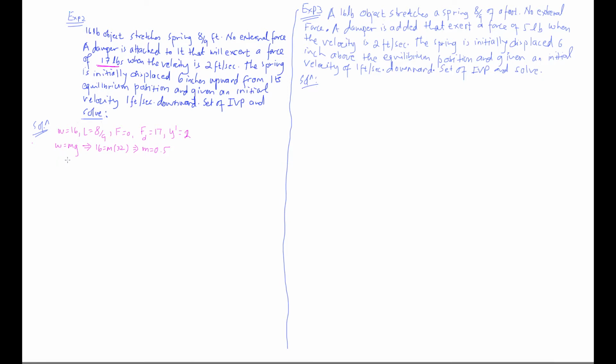Similarly, to find k, we basically do mg equals kL, right? This implies m is 0.5 times g is 32 equals k times 8/9.